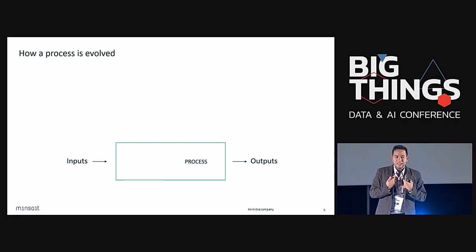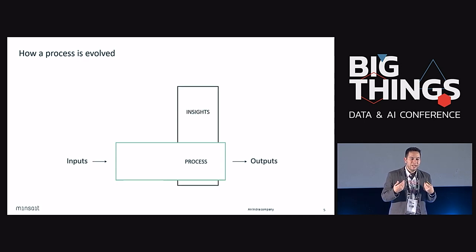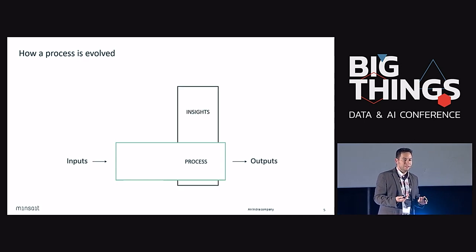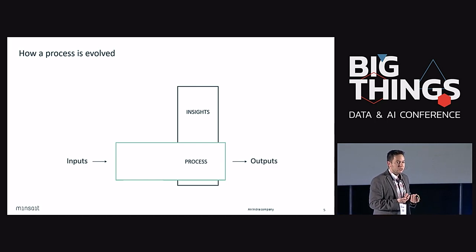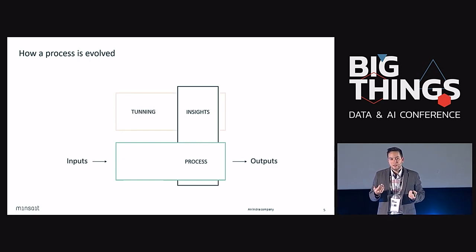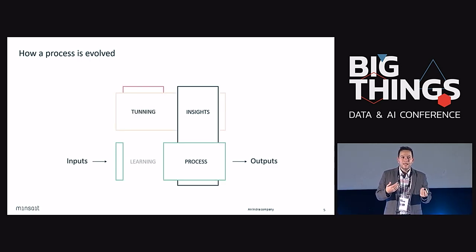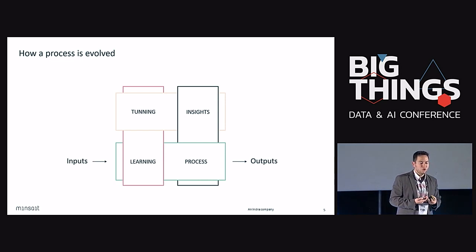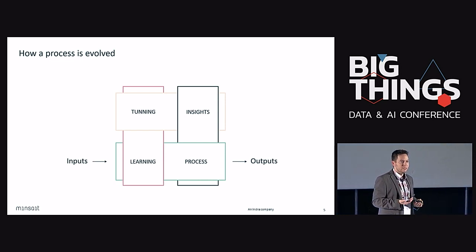So the key here is that when we apply machine learning, when we actually apply big data, we do that because we are looking for more insights into our process. We want to automate and tune the process in a way that lets us learn about it, to make it better, to improve it.